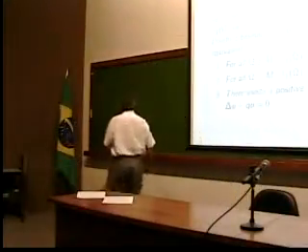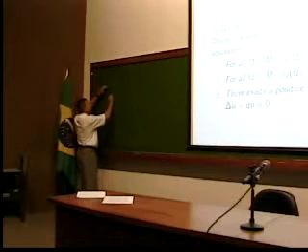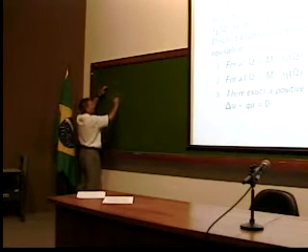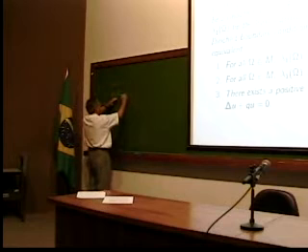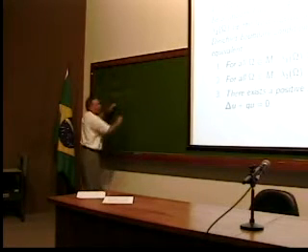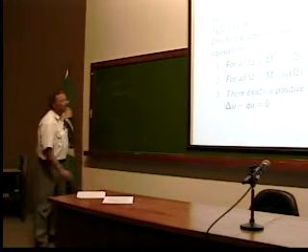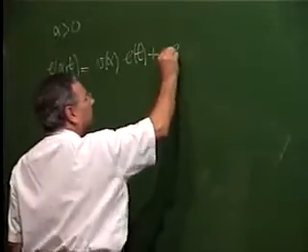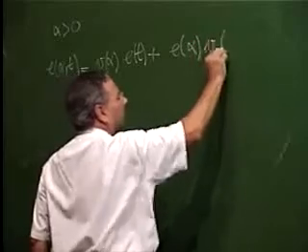And you consider the function e of alpha times v of t minus v of alpha times e of t.